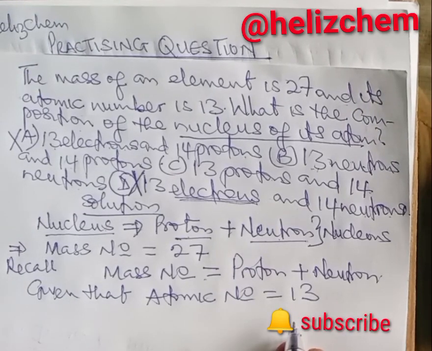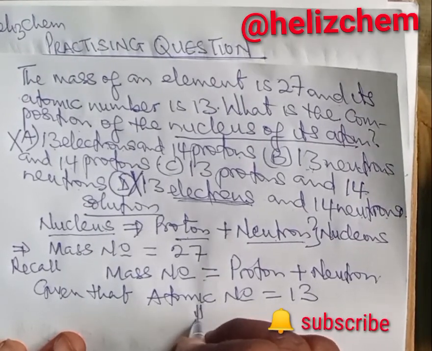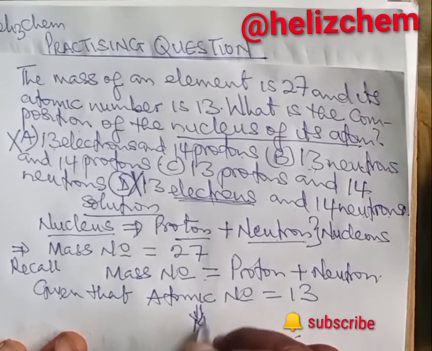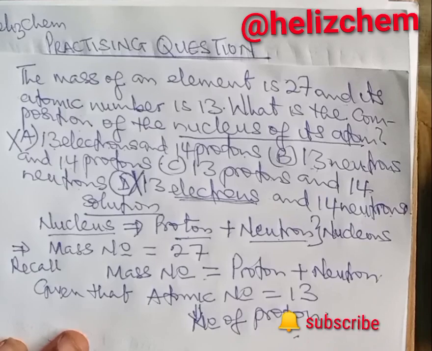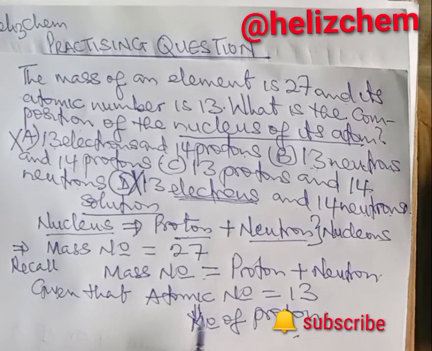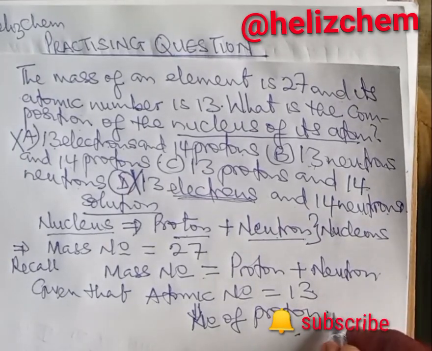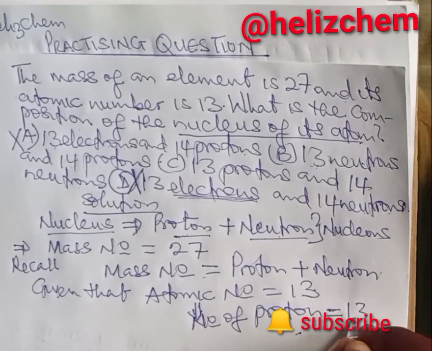From the definition, atomic number is the number of proton. So if atomic number is the number of proton, that means atomic number, which is 13, is also the number of proton, which is 13.